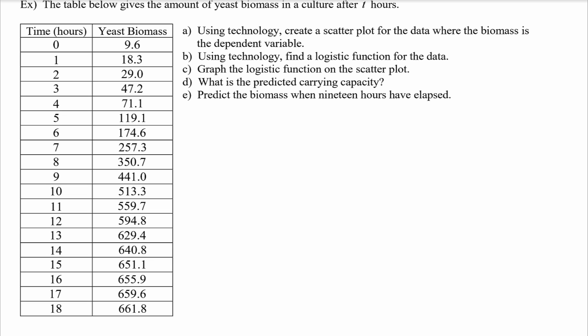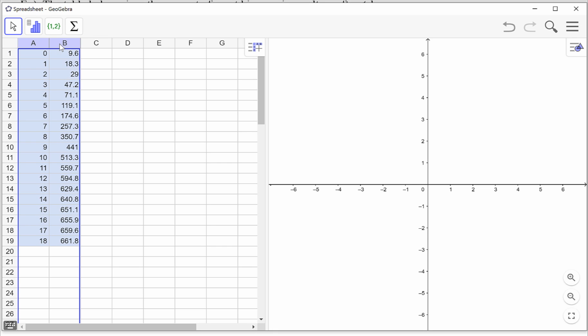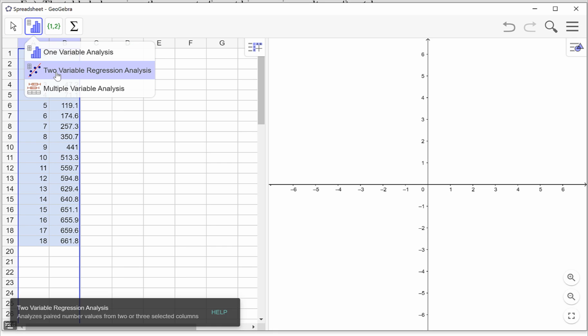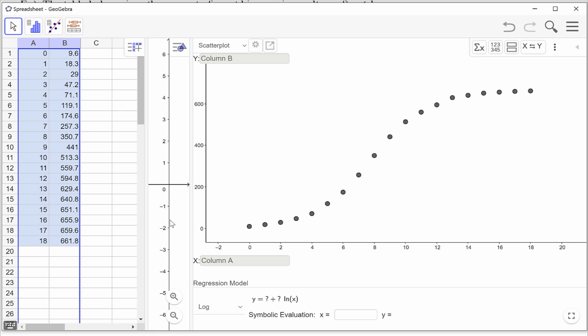Get this typed in. Look at this scatter plot. Once again, I'm not going to make you watch me type this in. All right, here we are. We got it all typed in. Let's go ahead and get our scatter plot. And more so than the other two examples, this pretty well models a logistic curve. Looks a lot like it just as it is.